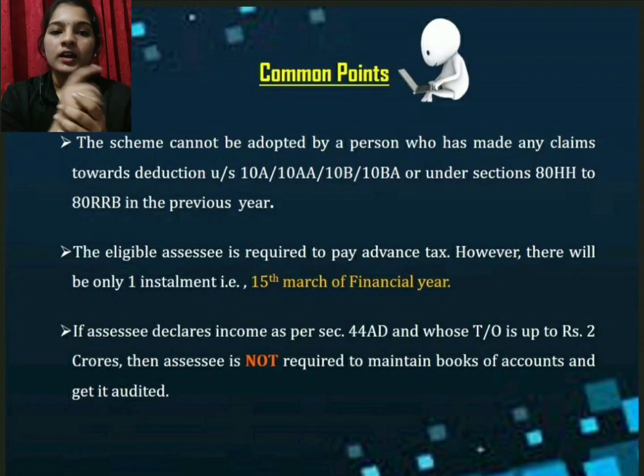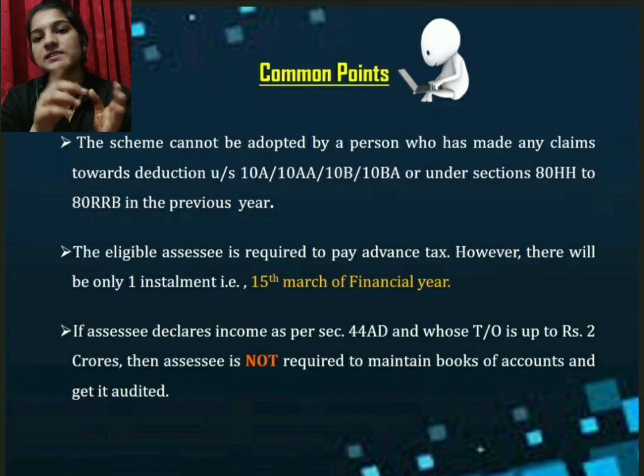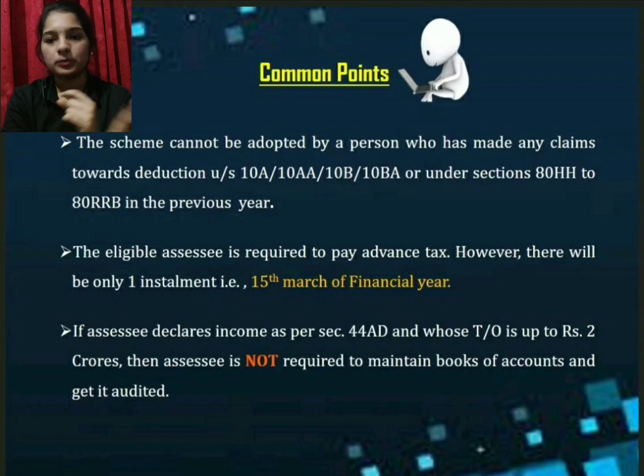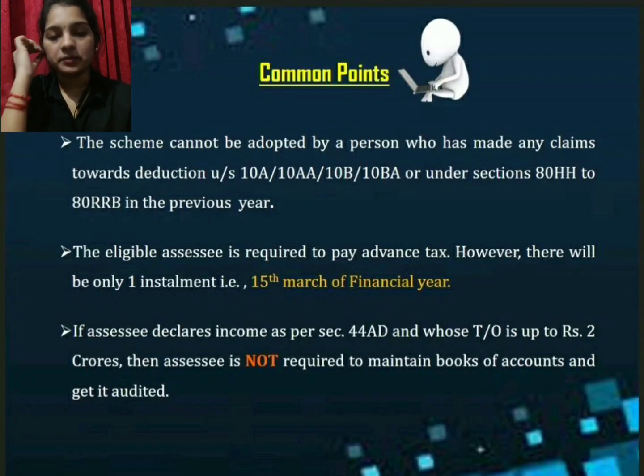And if the assessee declares income as per section 44AD and his turnover is up to 2 crores, then the assessee is not required to maintain books of accounts and get it audited. This is a very important point.